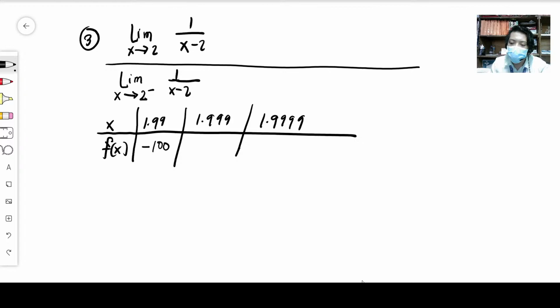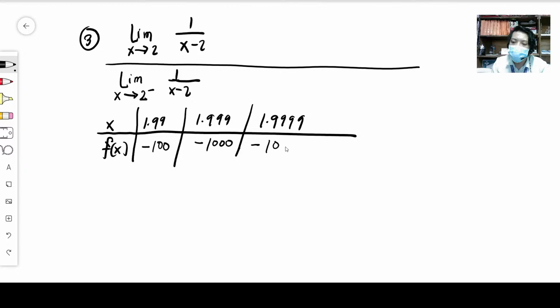When x is equal to 1.999, the value is negative 1,000. The difference is large, right? When x is equal to 1.9999, the value is negative 10,000.